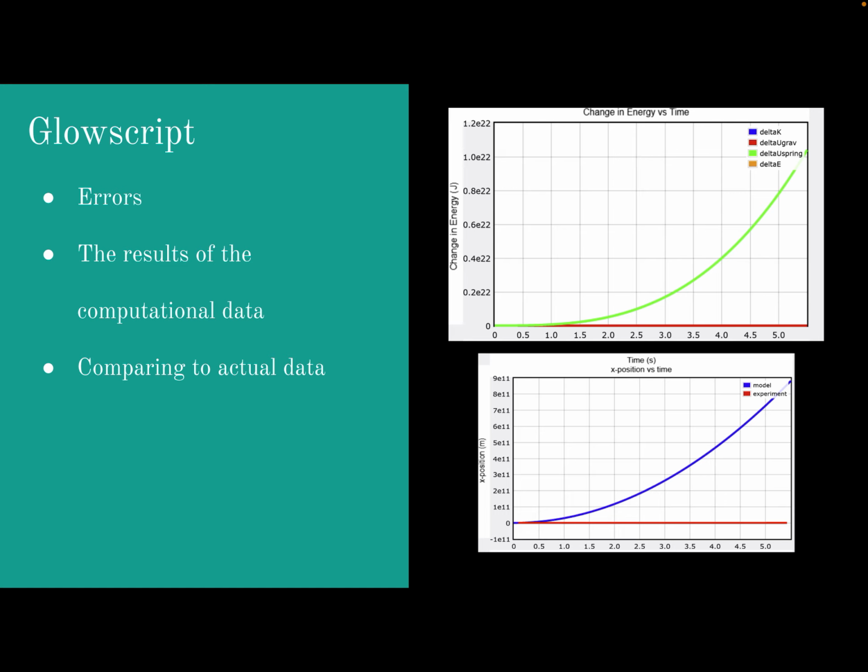And then there is our change of position, which should have been oscillating like it was before. Obviously, we also had errors with our model. It should have oscillated instead of going in a straight line, which it did, which is strange.